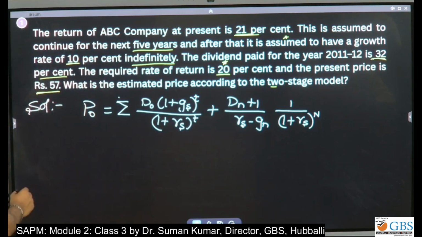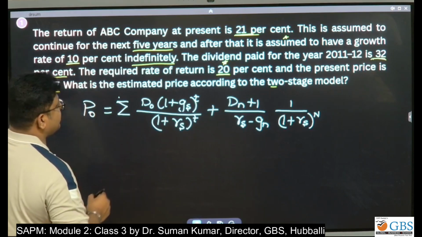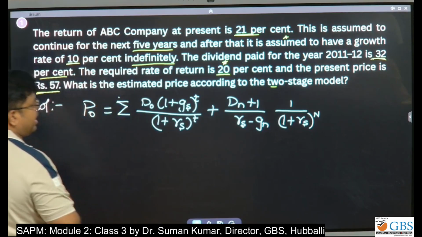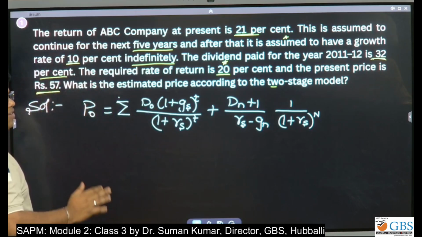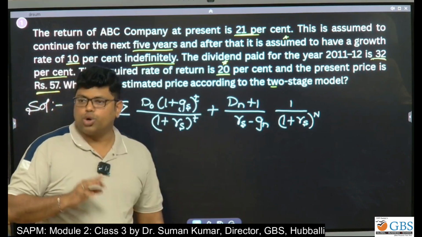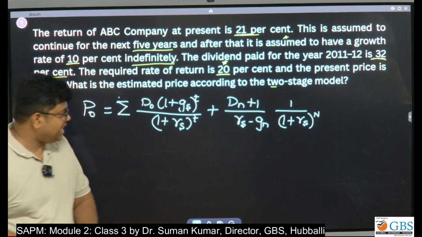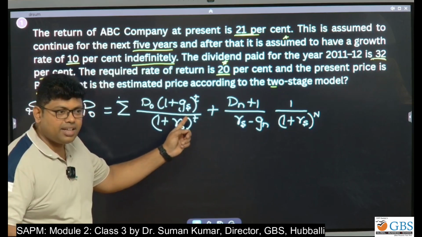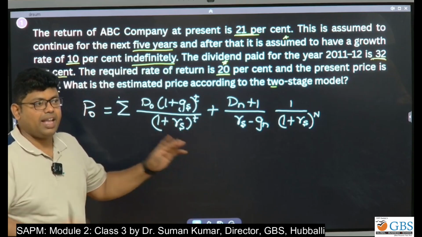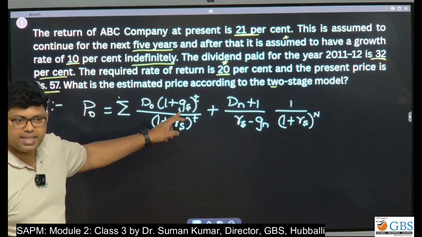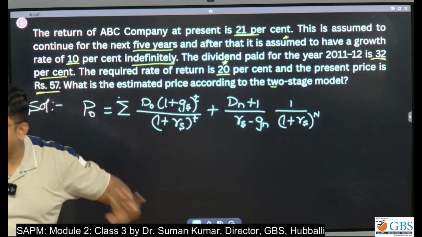Before that, let me write down the given. So what is this 21%? That is the first stage growth. See here gs, please listen, afterwards you can write down. There will be two different growth rates, that is dividend growth rate. The first stage growth rate is called gs, or you can take it as ga, gb.